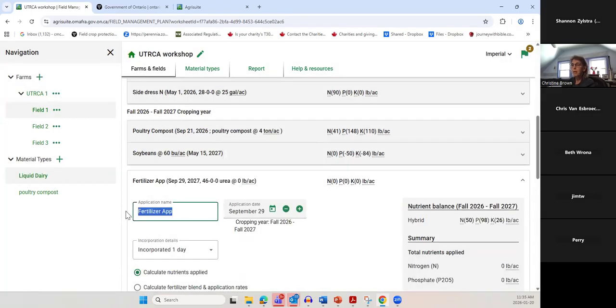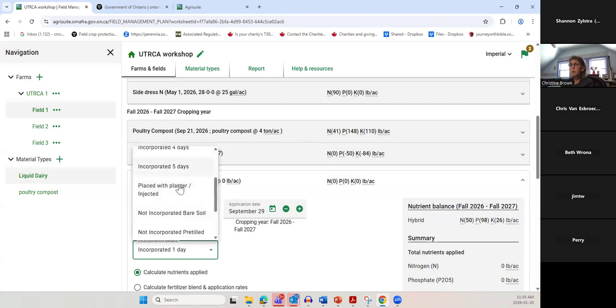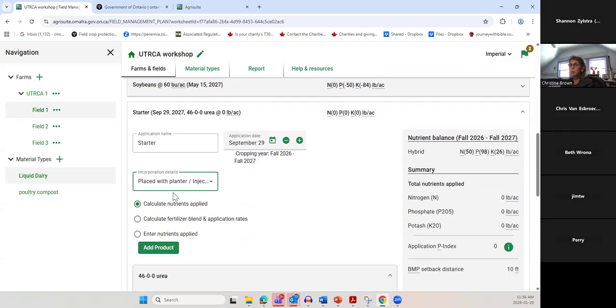When you're planning, you can make up app numbers. Most of the time, people will apply some starter with their wheat just because the phosphorus helps with it. It's been well proven that phosphorus helps with yield.